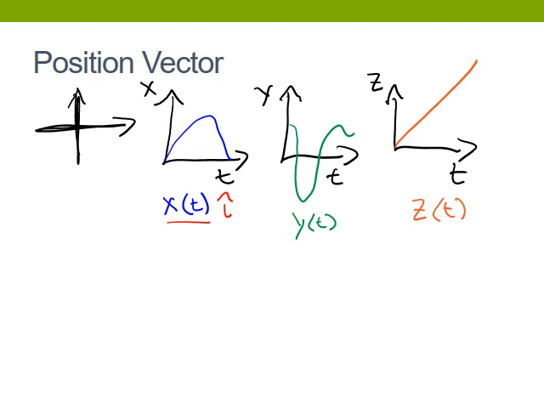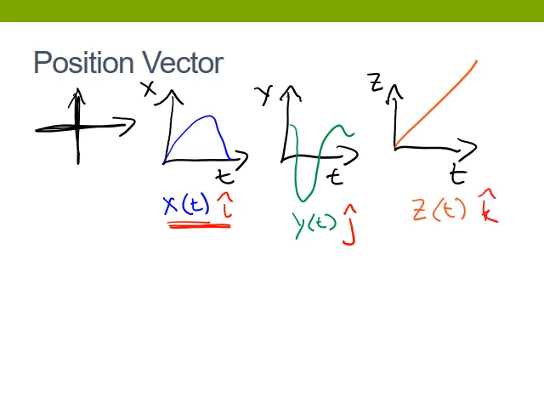Now I'm using i hat, j hat, and k hat as my unit vectors. There are lots of different ways that different books will represent unit vectors. I'm using the ones that your book uses. Now this tells me it's not just a scalar function, but actually a vector function. It's the vector of x as it changes in the x direction. Of course, then we have, for these other two, j hat and k hat.